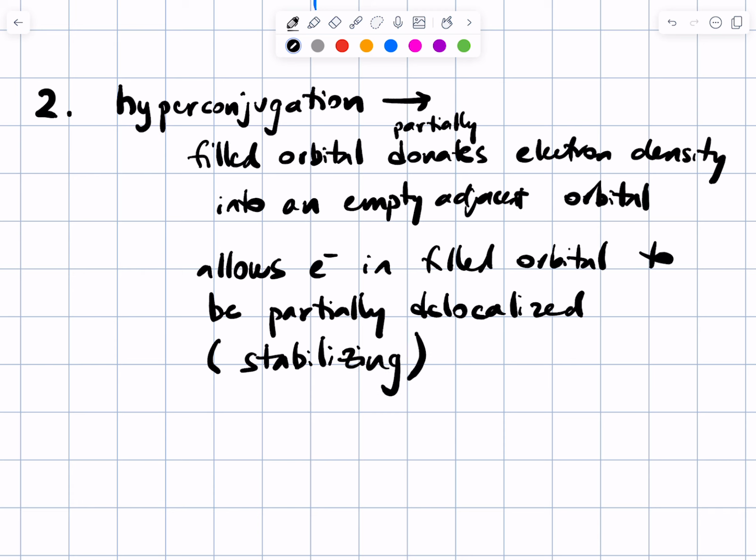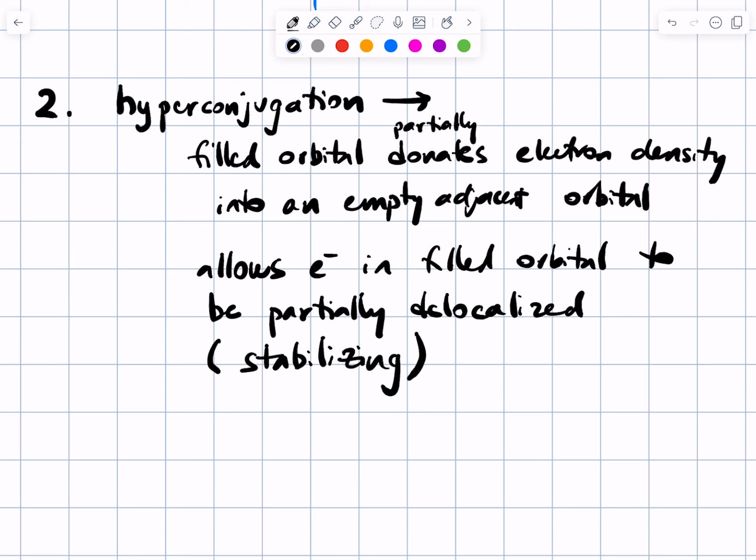It allows the electrons in the filled orbital to move to a slightly lower energy level. So hyperconjugation is where a filled orbital overlaps with an empty orbital and donates electron density partially into the empty orbital. It can happen when the filled orbital is adjacent to the empty orbital and when the two are lined up side by side.